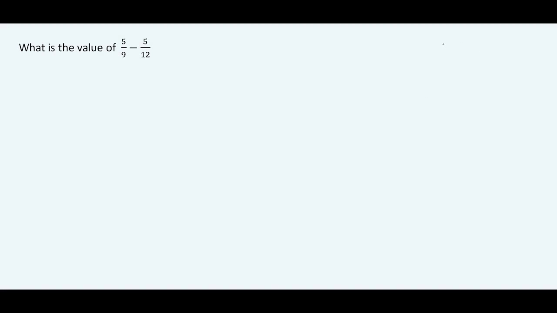Now we have 5 over 9 minus 5 over 12. So let's go ahead and look for the least common multiple of 9 and 12. 9 is going to be 3 times 3. 12 is going to be 2 times 2 times 3. So for our LCM, always remember that every prime factor is involved.